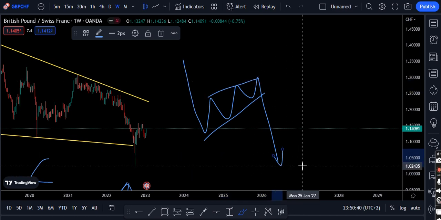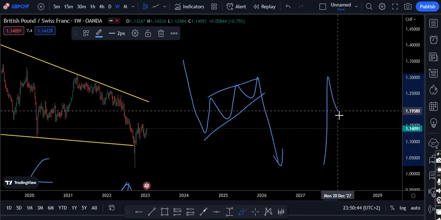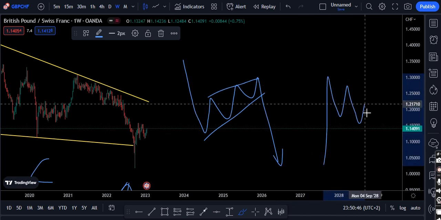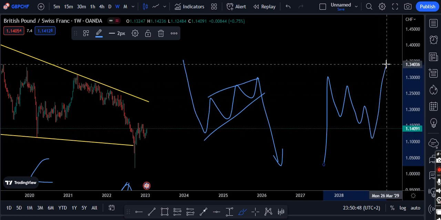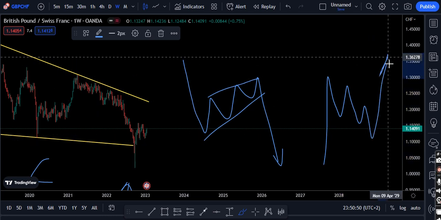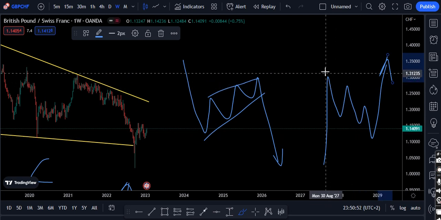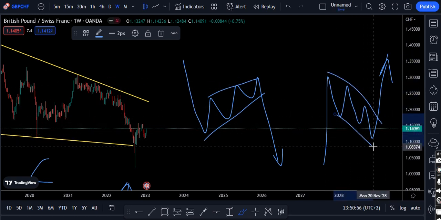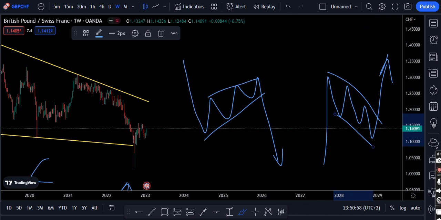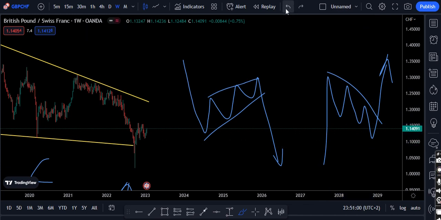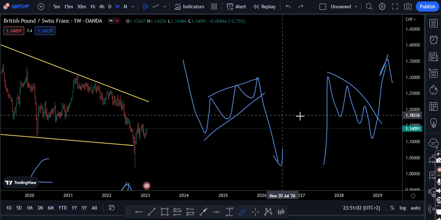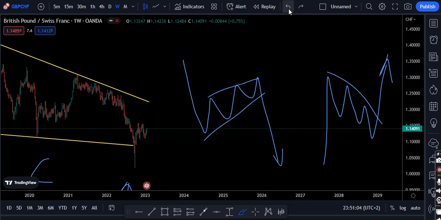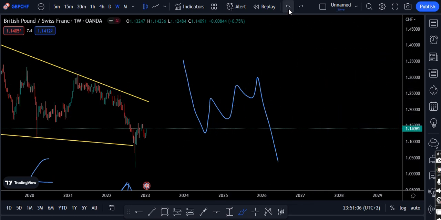On the buying market it's going to look like this. I'm going to move very expeditiously to save time, guys. This is the falling wedge, and this is the rising wedge, in terms of names.